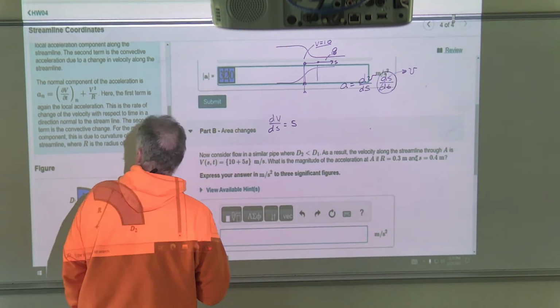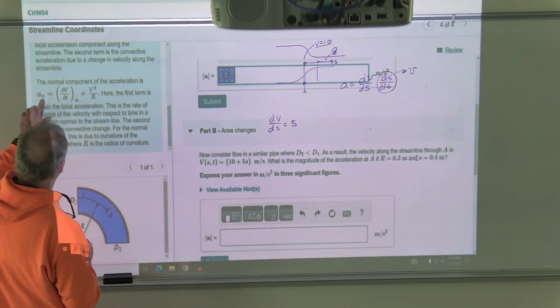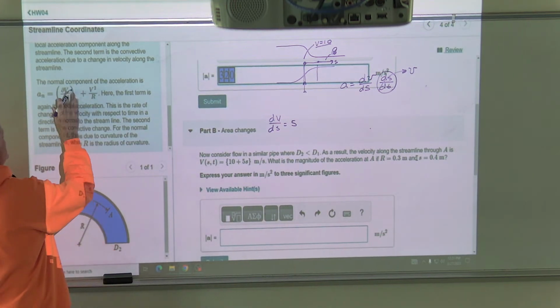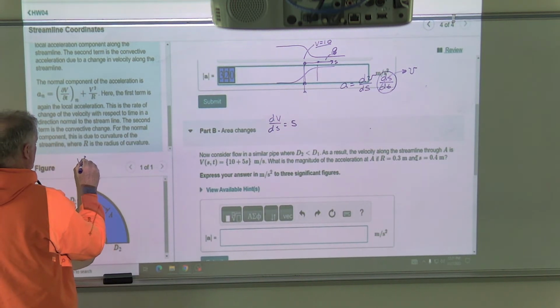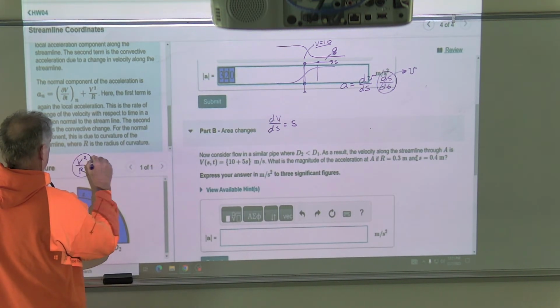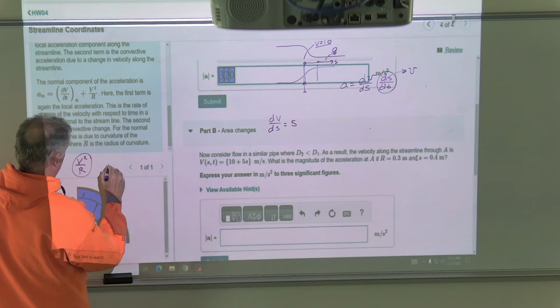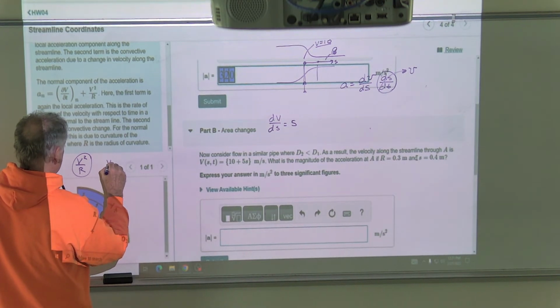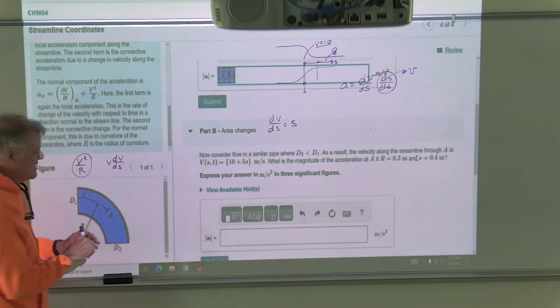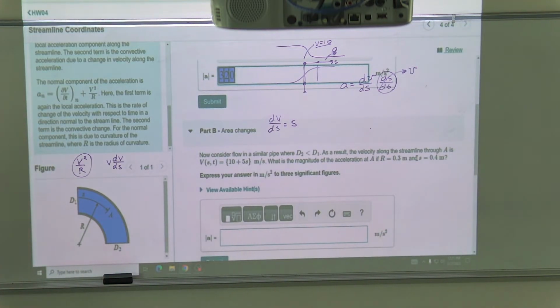Then I'm going to be hunting for terms. I've got V squared over R, that's one term. And then the other term is V times dV/ds.